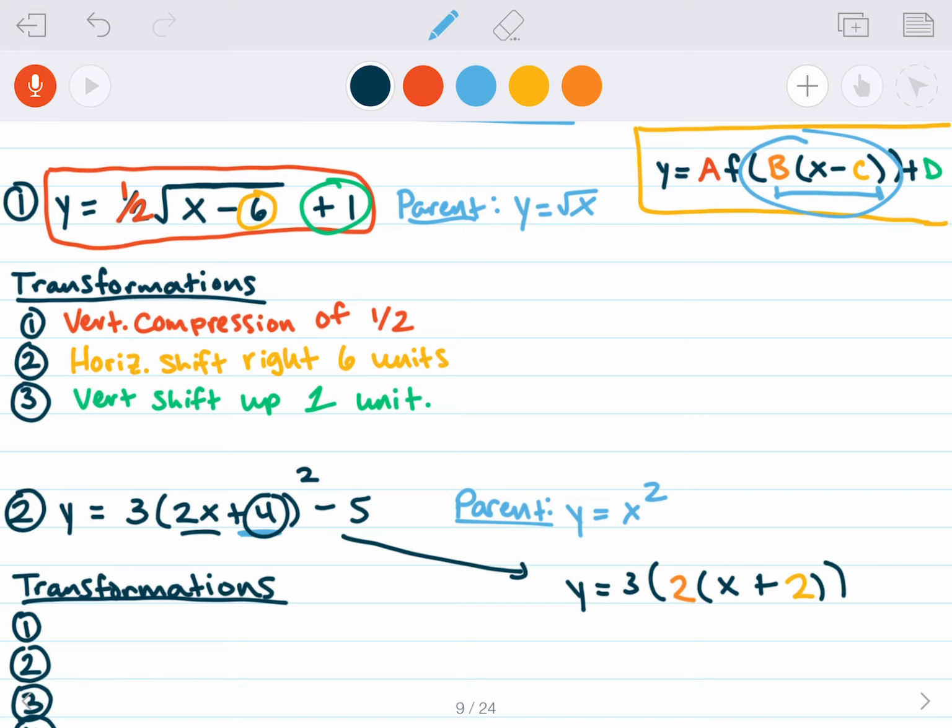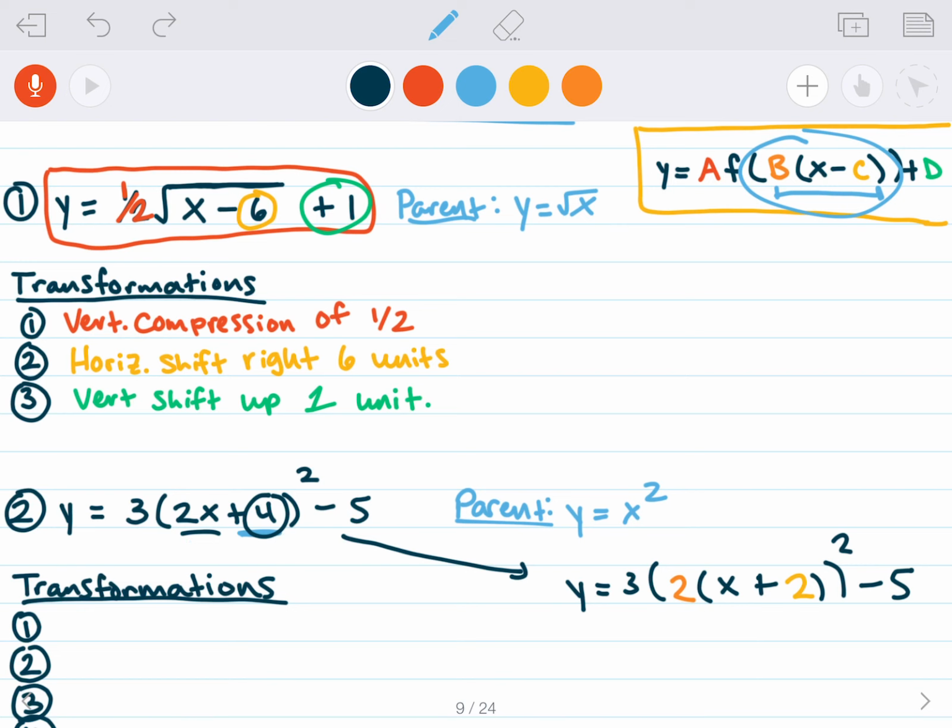I wanted to make that very clear. And so this is in this form. I think we're good. You can always check that you did this right by distributing back in and seeing if you get what you originally had, which we do, 2x plus 4 when we distribute that back in.